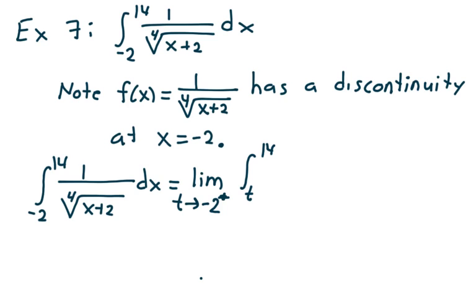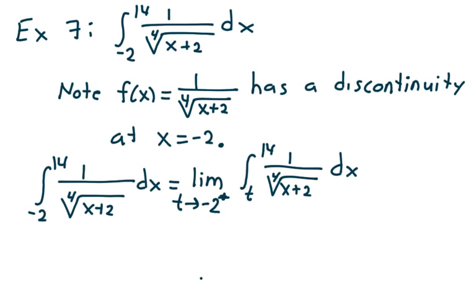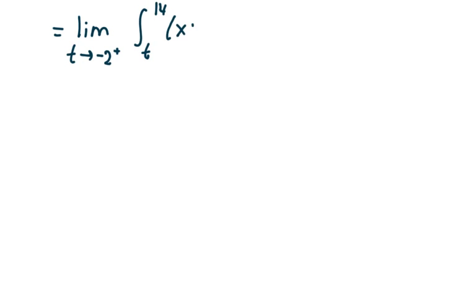So now, over here, we get 1 over the 4th root of x plus 2 dx. And this is the limit as t goes to negative 2 from the right of the integral from t to 14 of x plus 2 to the negative 1/4 dx.